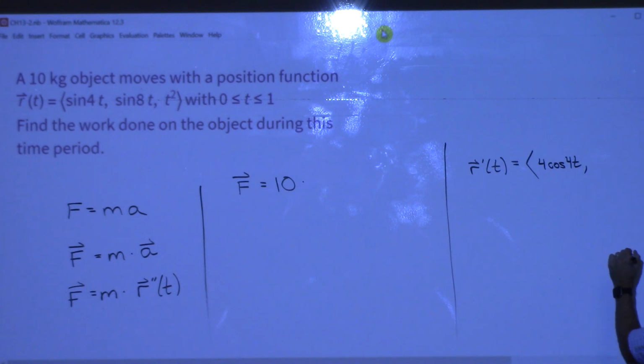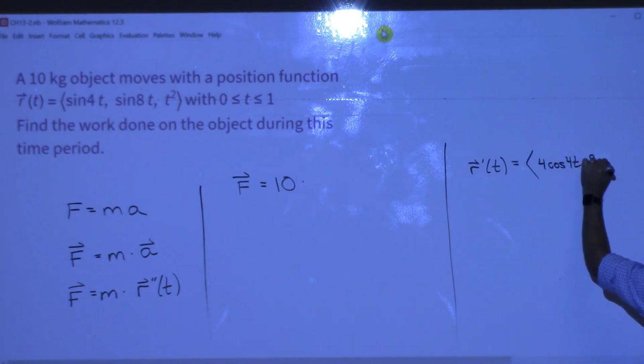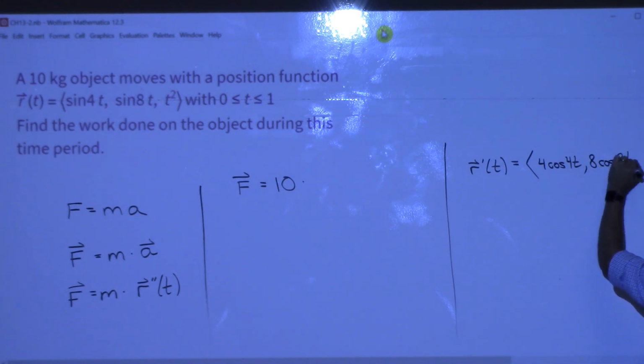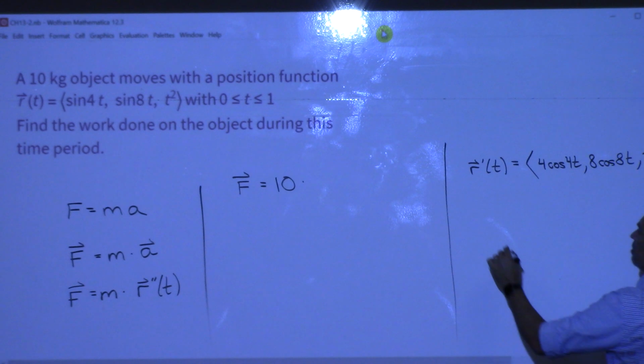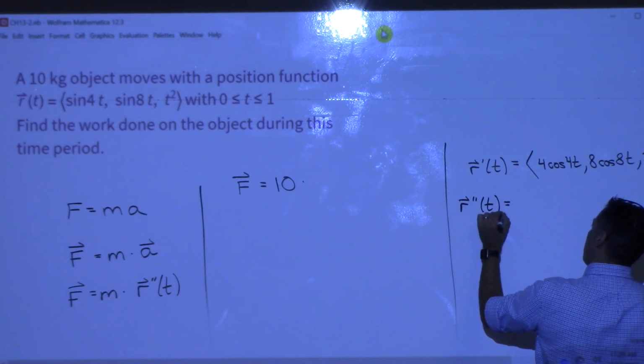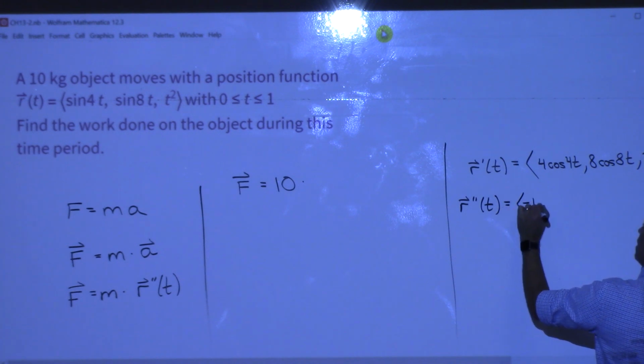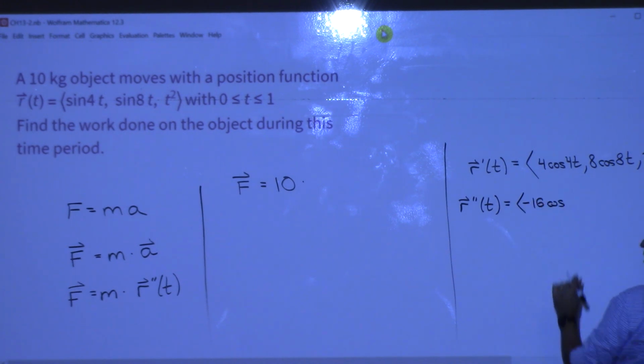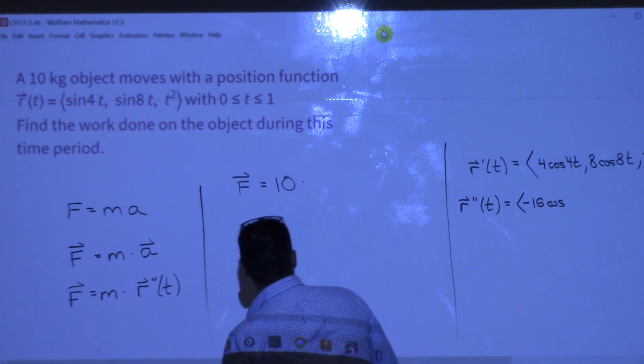And then the other one is 8 cosine 8t. And then 2t. Okay, that's our first derivative. Then our second derivative is negative 16 sine 4t.